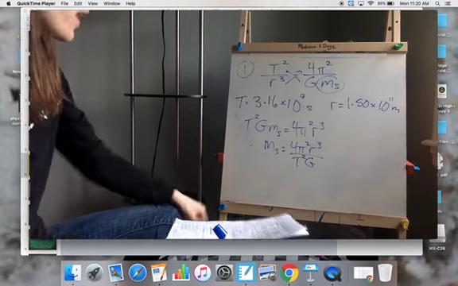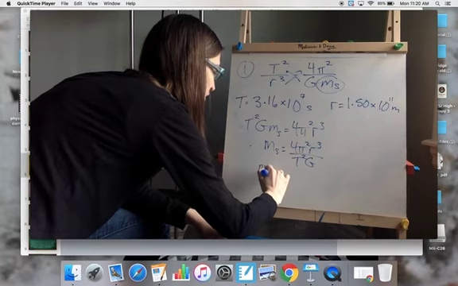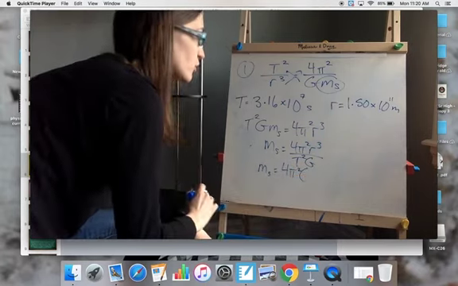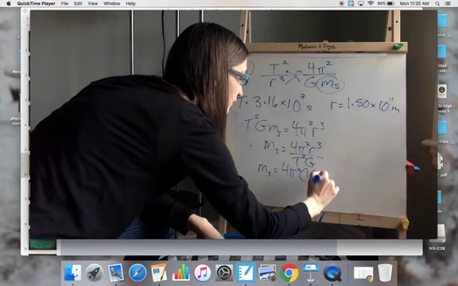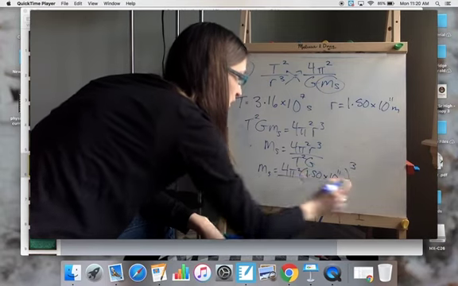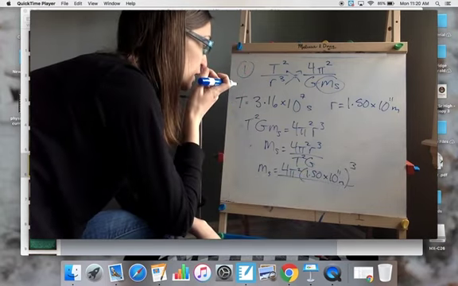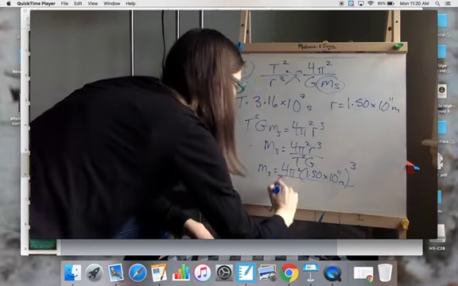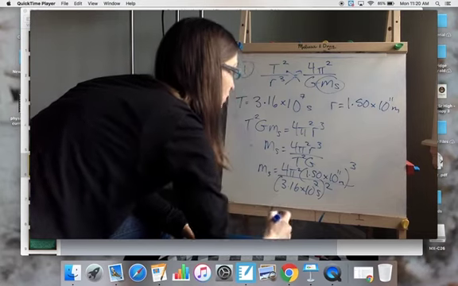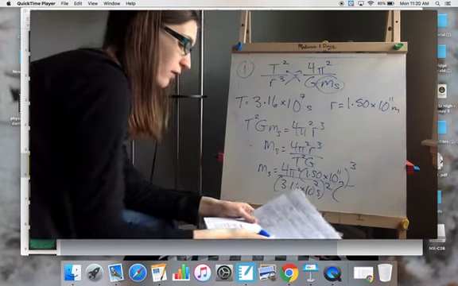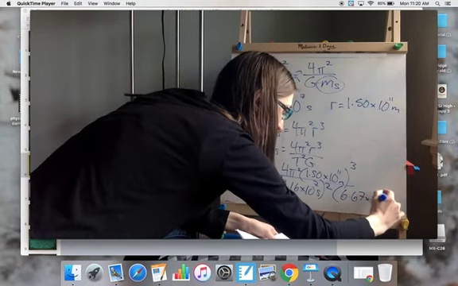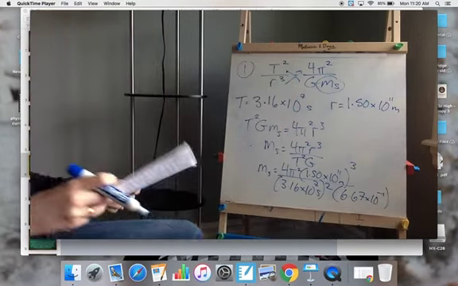At that point, the mass of the sun is equal to 4 pi squared, and substituting in for r is that 1.50 times 10 to the 11 meters, cubed. It's being divided by t squared, so our t value is 3.16 times 10 to the 7 seconds, squared, multiplied by our gravitational constant g, 6.67 times 10 to the negative 11, with all of the crazy units that go along with that.